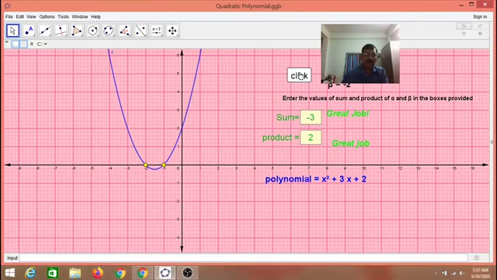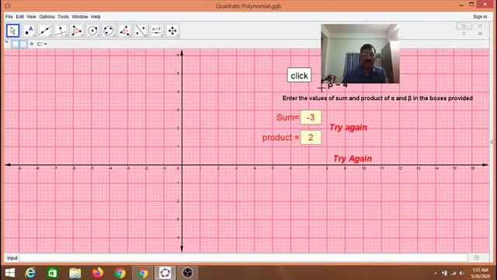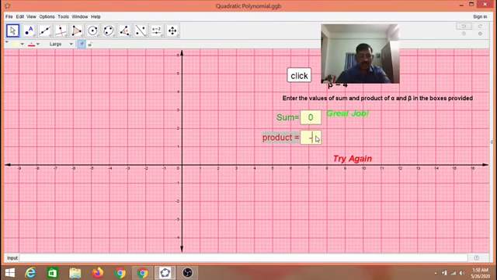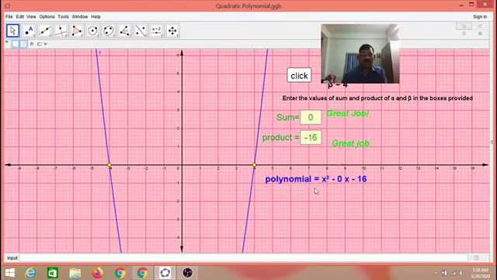So like this we can continue, like for example -4 and 4, then the sum is clearly 0 and the product is -16, right? Then what happens here, just you can see the polynomial. Okay, this is the way in which we can go for different types of polynomials.